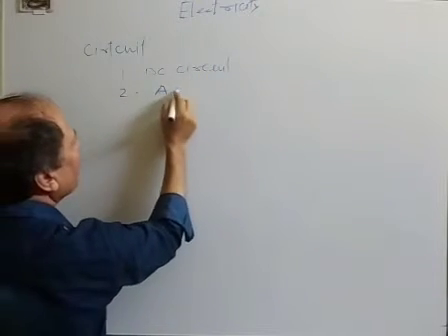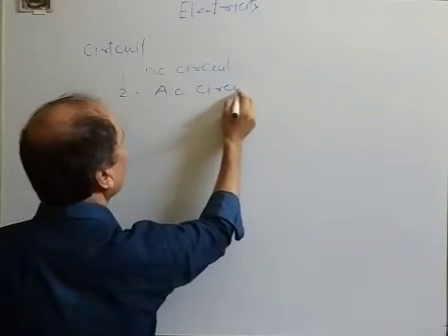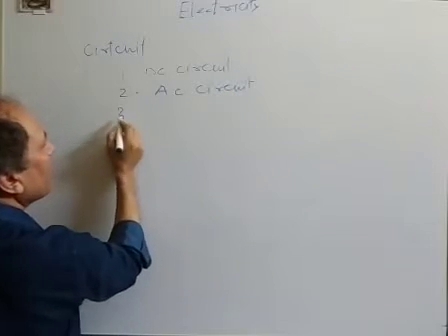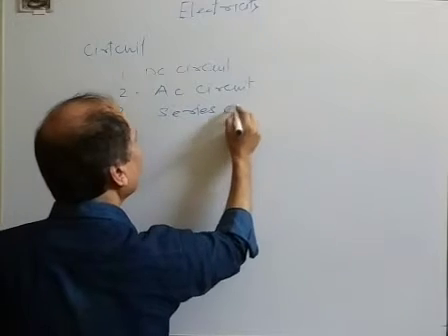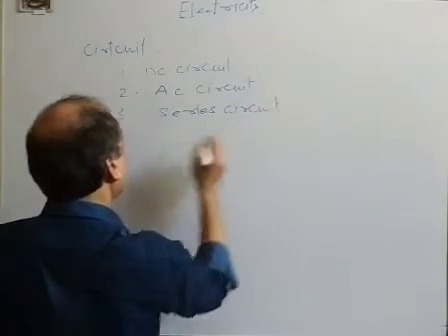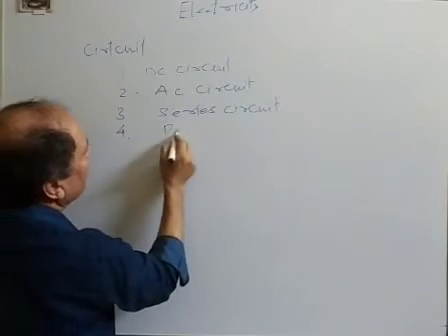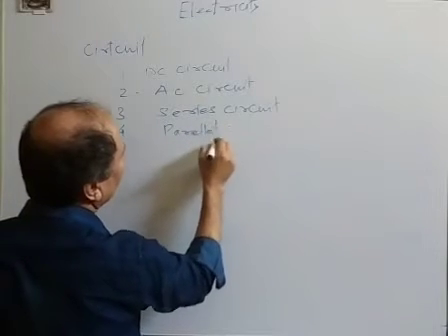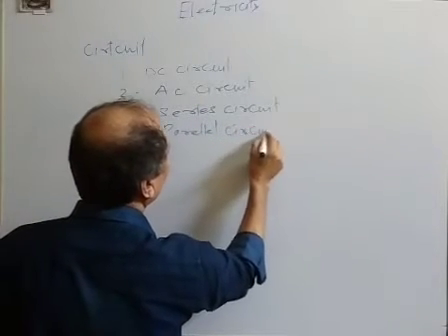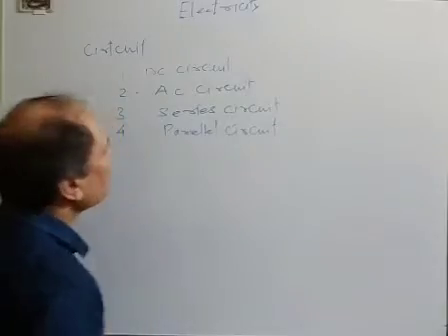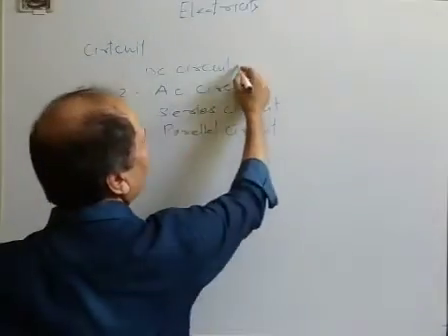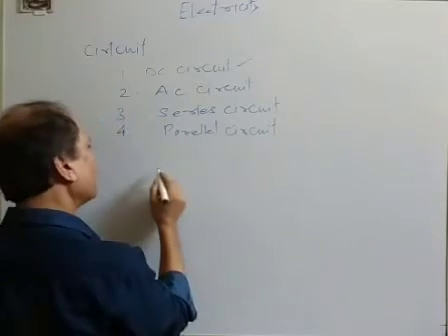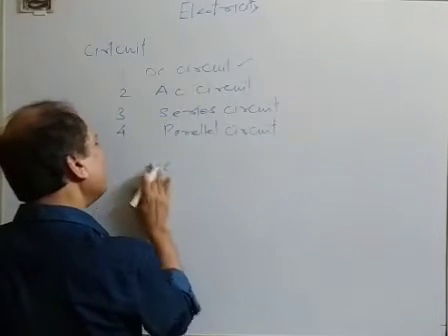Number two, AC circuit. Number three, series circuit. And number four, parallel circuit. So now we are ready one by one. Firstly I will explain about DC circuit. So see this DC circuit.